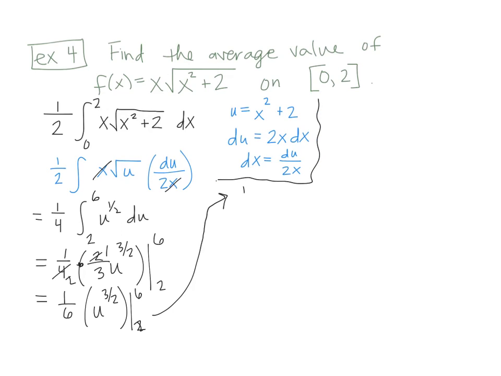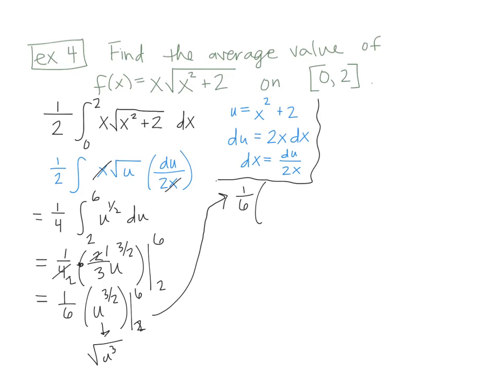So let's plug in. We have a 1/6 out front. So then we're going to have, remember, 3/2 power means this. Right, it means a square root and then you cube.